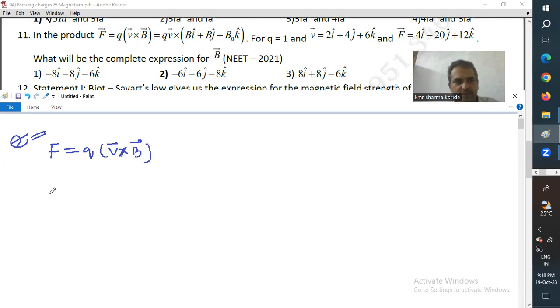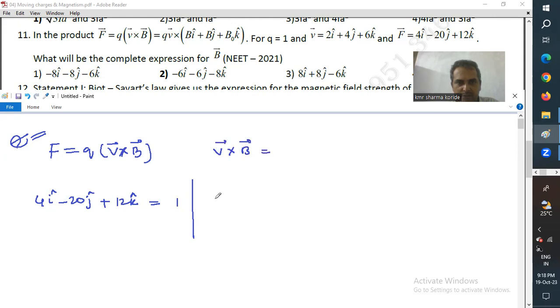Let us compare with the force given. It is 4I cap minus 20J cap plus 12K cap. The Q value is given as 1, and there is a cross product of V cross B.